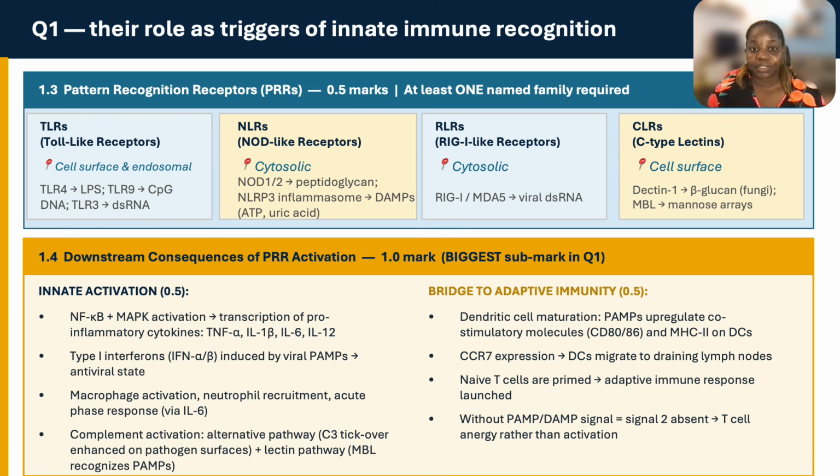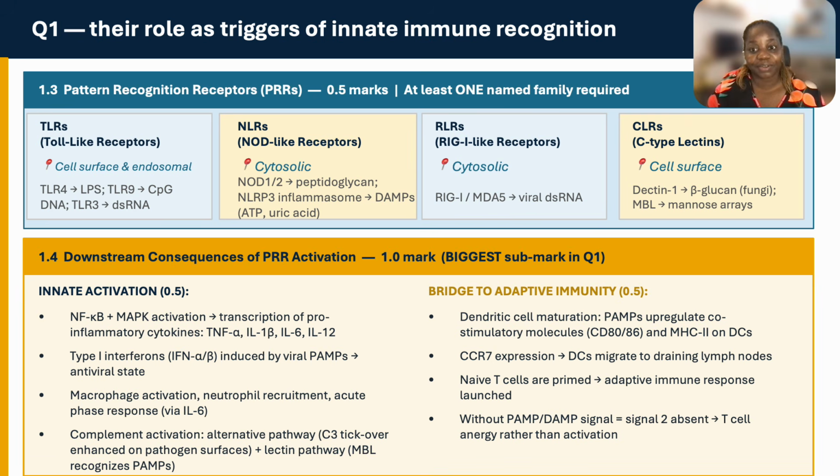The second part of the answer is where most of the students lose marks, because they describe only the innate response. They describe it well, but they forget to explain how it initiates adaptive immunity. Bringing in the key concept of a second signal was really rare among the scripts. For T cells to be fully activated, they need 2 signals.